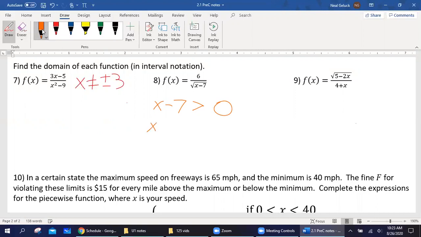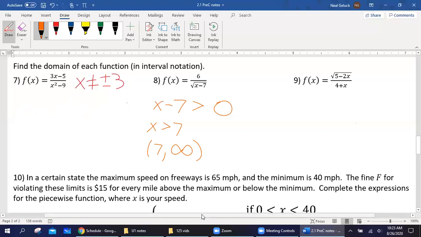And so I end up with just x has to be greater than 7. So a lot easier to write on this one. This one is just going to be 7 to infinity with a parenthesis on the 7.